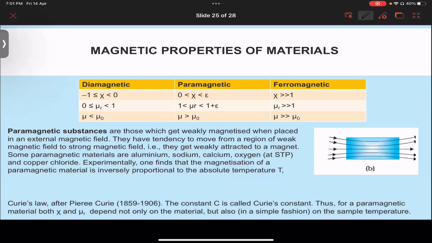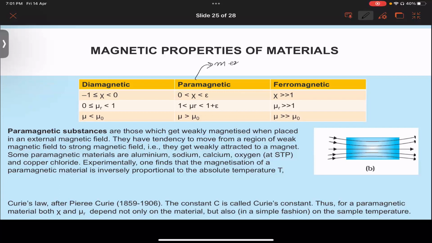In this case, the individual atoms, ions or molecules of these paramagnetic materials will have a permanent magnetic dipole. So for paramagnetic materials, there is a magnetic dipole moment, M exists.